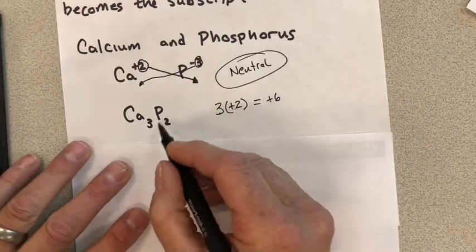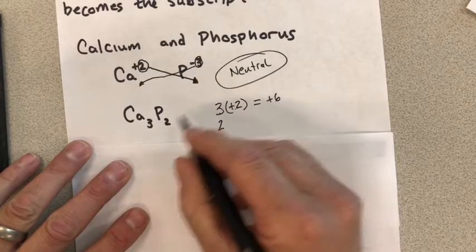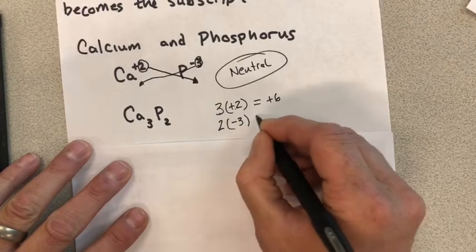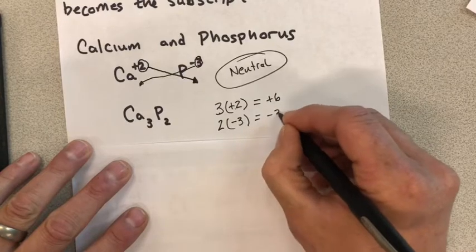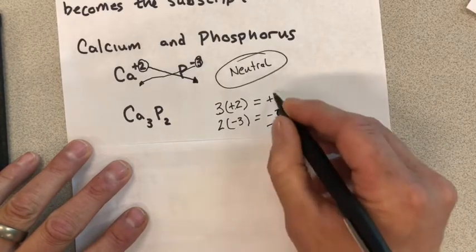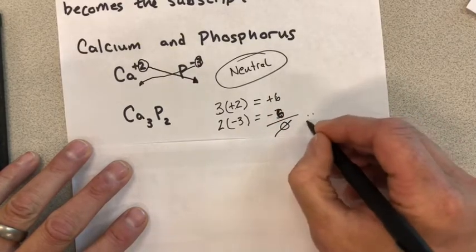And we're trying to counter this with our 2 phosphorus atoms, which each have a -3 charge, oxidation state that is, and our 2 times our -3 gives a -6, oops, -6, not 3, 6, and then the sum of the positive and negatives is neutral, and that's good.